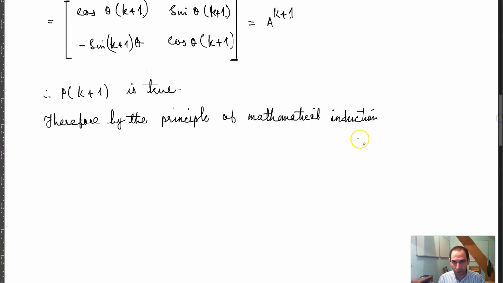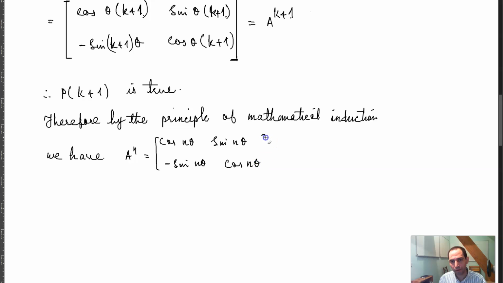Therefore we can say that A raised to the power n is equal to the matrix with cos n theta, sin n theta, negative sin n theta, and cos n theta, which holds for all natural numbers.